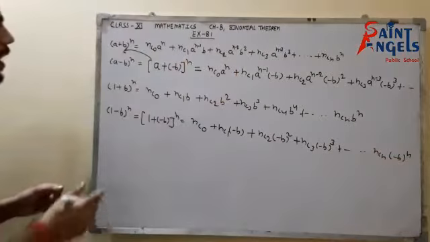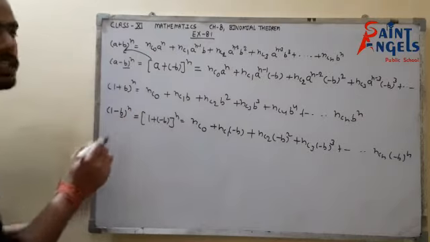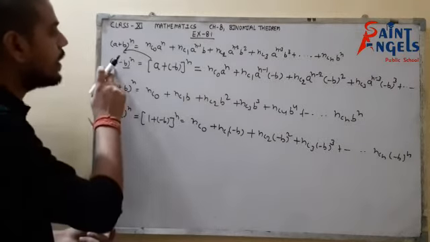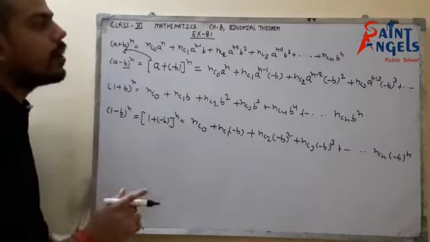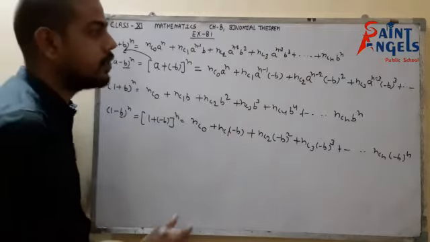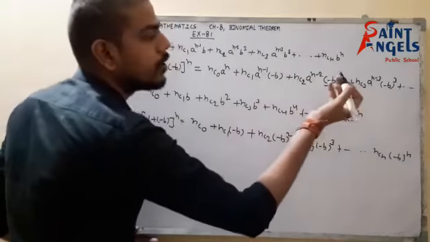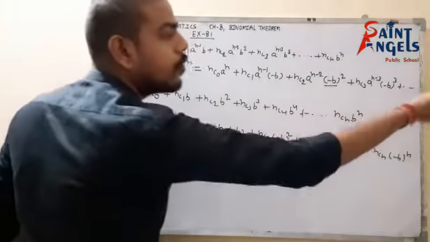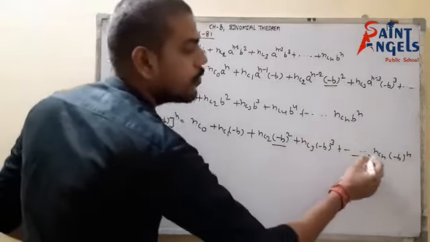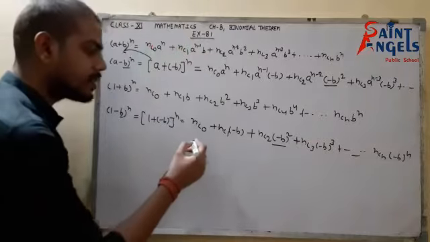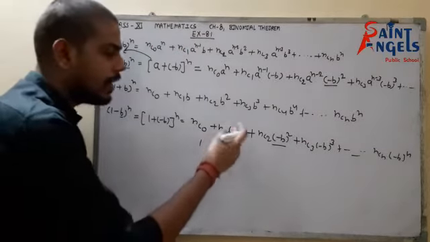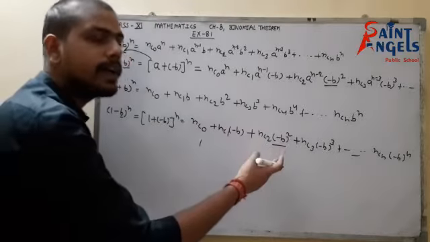Whenever we have a minus term in the expansion of the binomial theorem, like a minus b or 1 minus b, we know that an even power of a negative number will be positive. So (-b)^2 will be positive, and (-b)^4 will be positive. So there is a pattern that the first term is positive, the next term is negative, the next is positive, then negative.